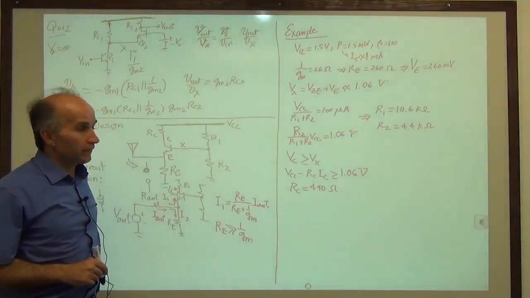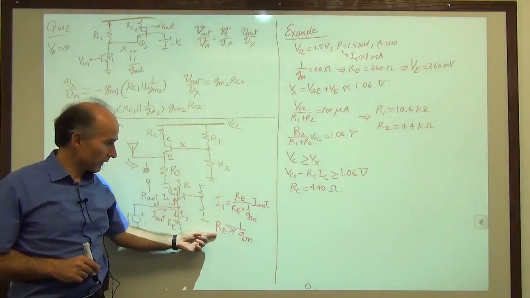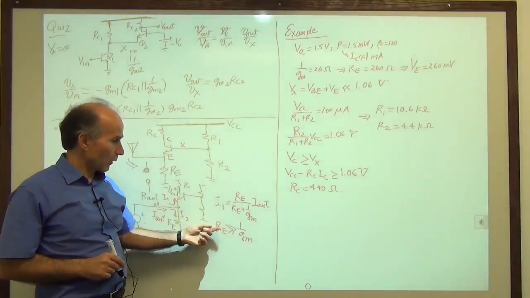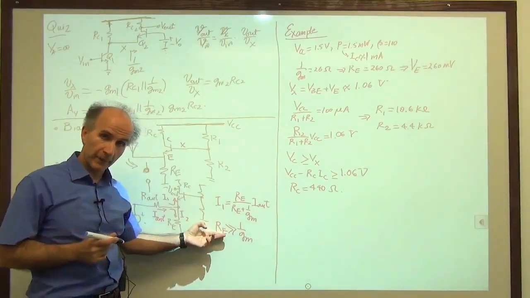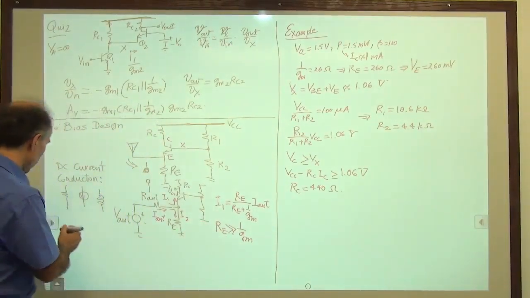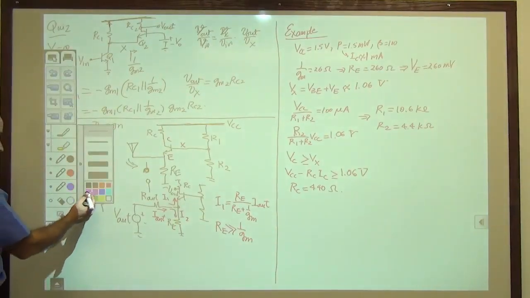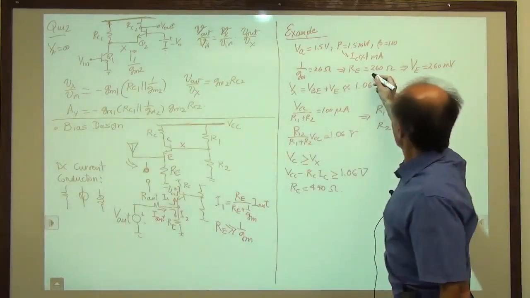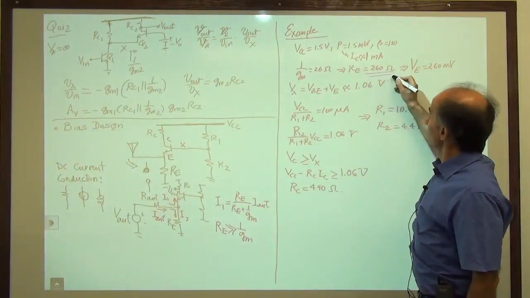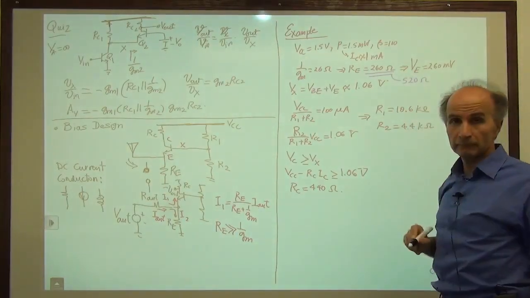Okay, now if I had been more conservative to satisfy this, I would have said, no, I want RE to be 20 times 1 over GM. What would have happened? Let me change the color of my pen, and I'll show you. Imagine that instead of 260 ohms, I choose 520 ohms, for example.